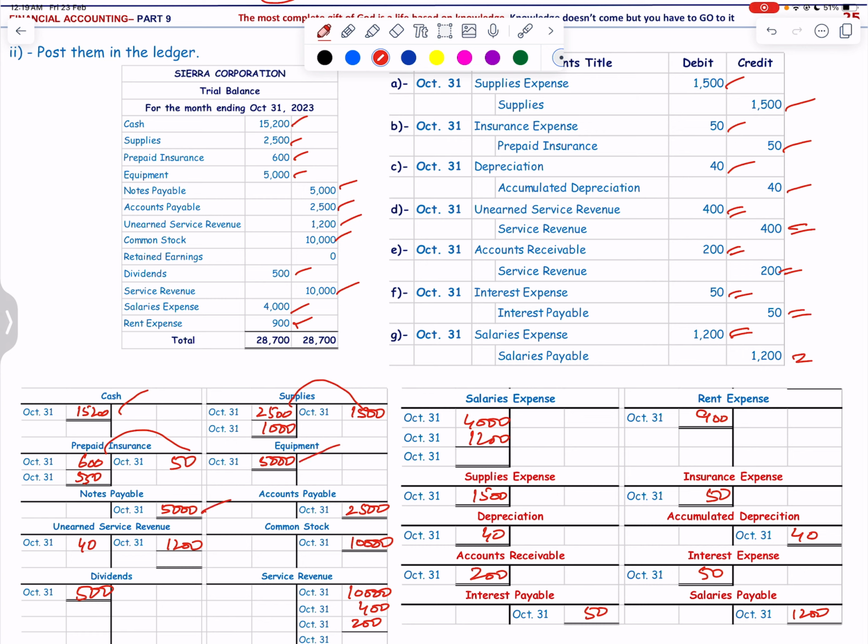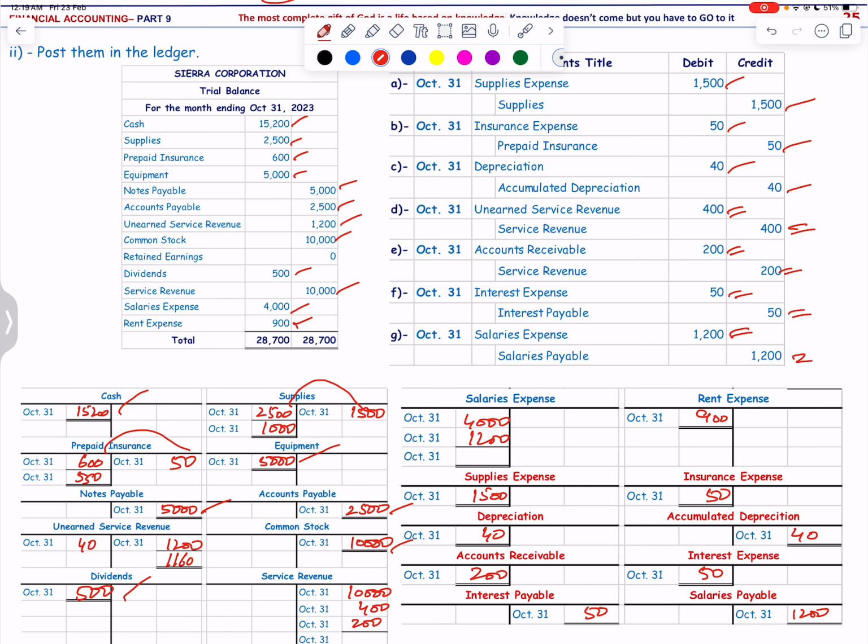Notes payable 5,000. Accounts payable 2,500. And unearned service revenue will be 1,160. Okay. Then we have the common stock, and this will be 1,000 only.